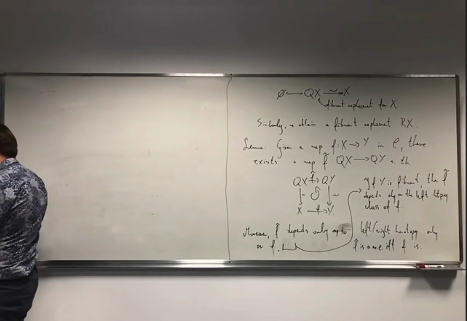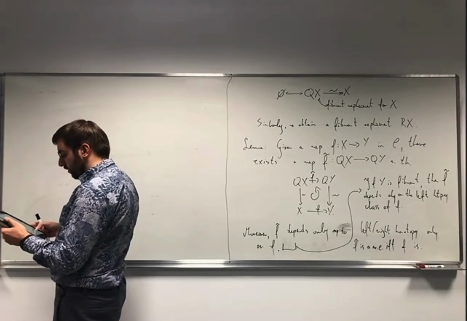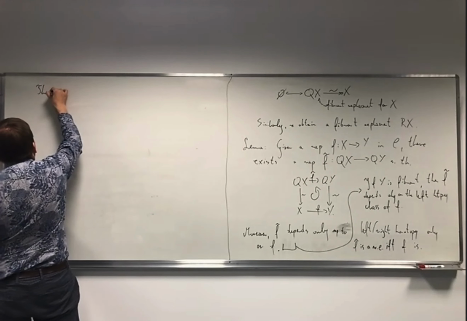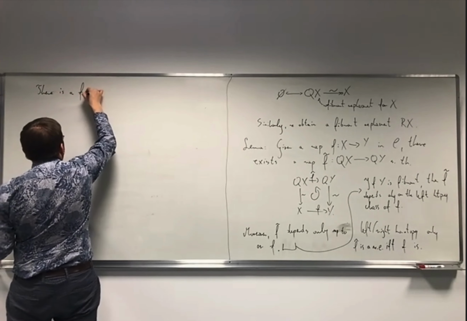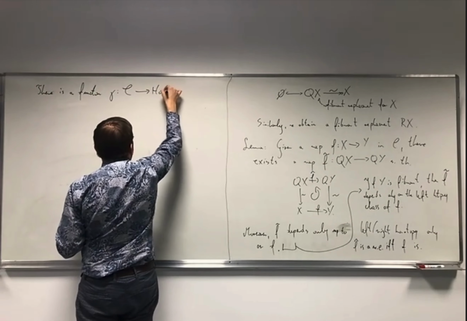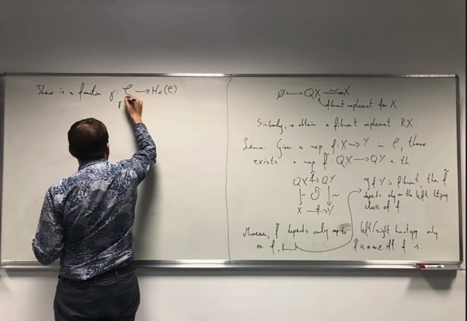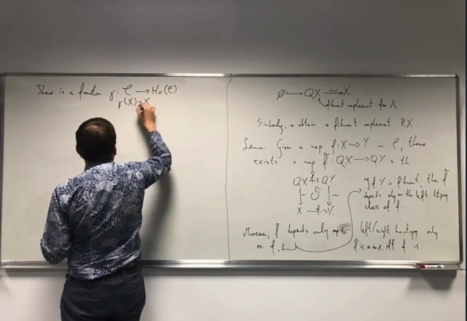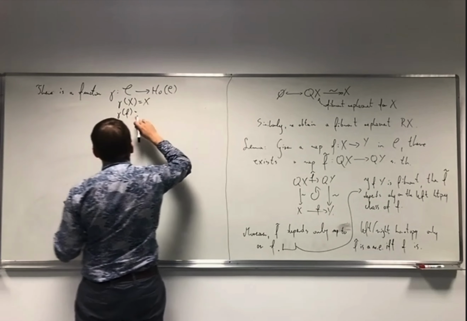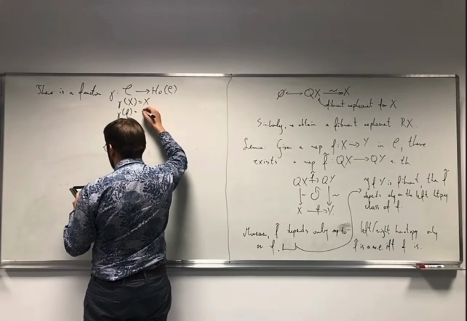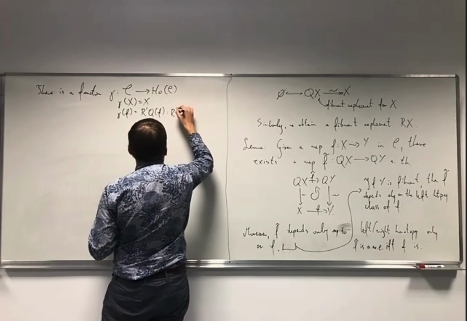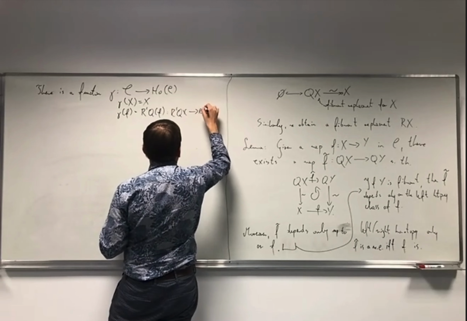One of the things which comes with the definition of a homotopy category is that there is a functor gamma going from the category to its homotopy category. So gamma on X is equal to X, and gamma on some map f is R prime Q of f, going from R prime Q X to R prime Q Y.